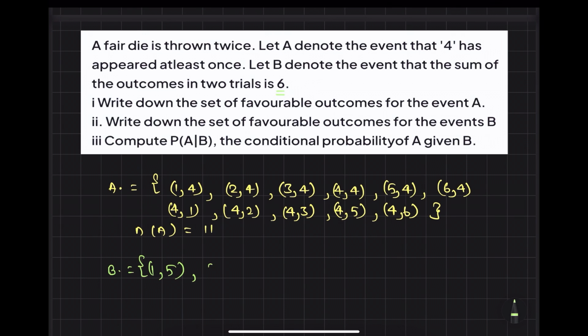So 1, 5, 2, 4, then we have 3, 3, then we have 4, 2, then we have 5, 1. Now if you focus, n of B, the number of elements in set B, is what? 5.